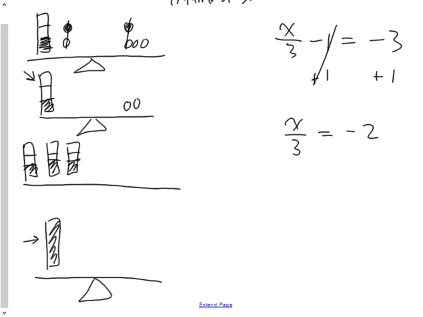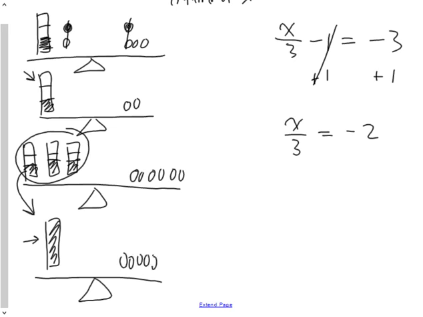And if I triple one side of a scale, I must triple the other side. Those 3 thirds of x are going to make x equals negative 6. My solution will be x is equal to negative 6.